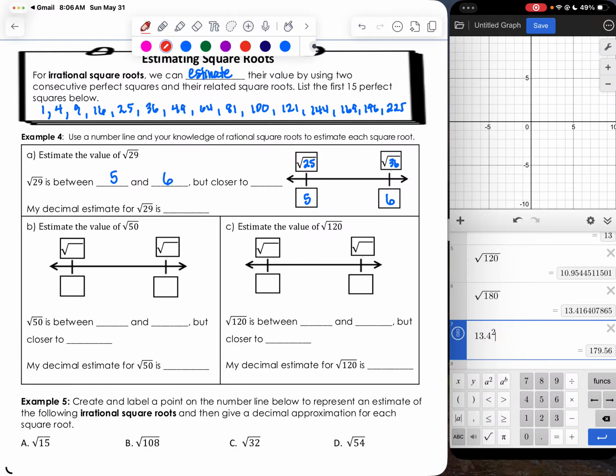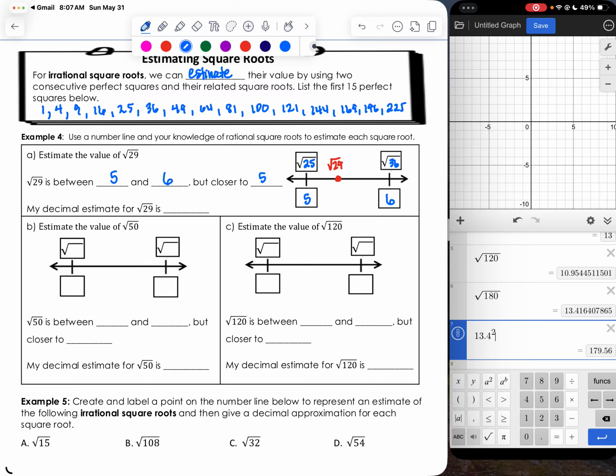So 29 is 4 away from 25, but it's 7 away from 36. So I would say square root 29 should be a little bit closer to the square root 25. So I'm going to say it's closer to the 5 than it is to the 6. Now, this is going to help us estimate the number. So I need a number that's bigger than 5, but smaller than 6.